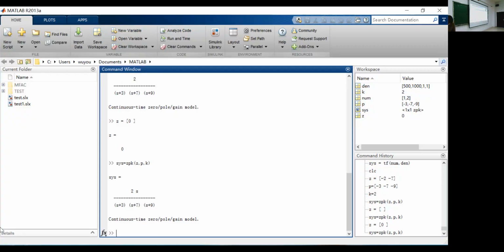Sometimes the problem is like this. We still use the one down here.